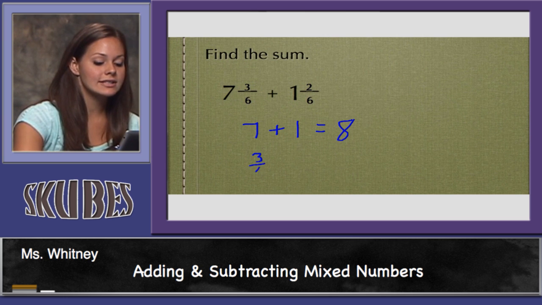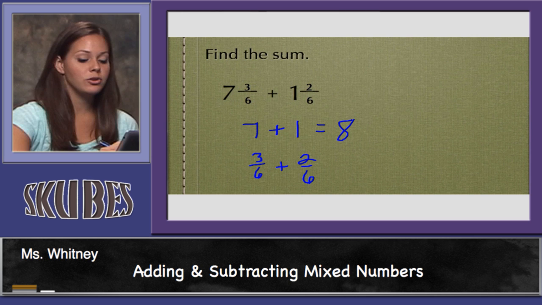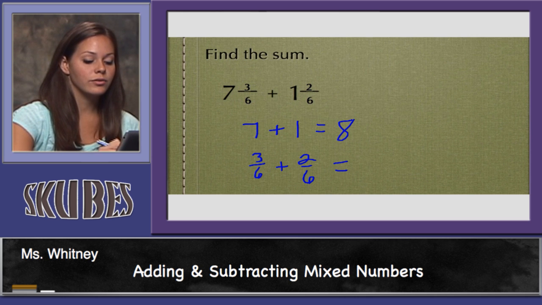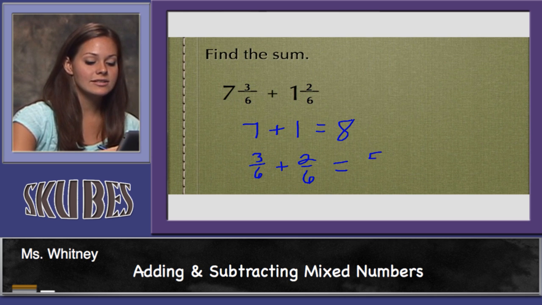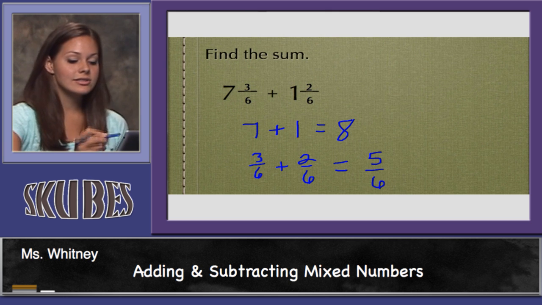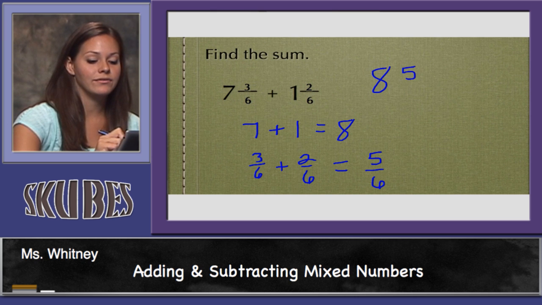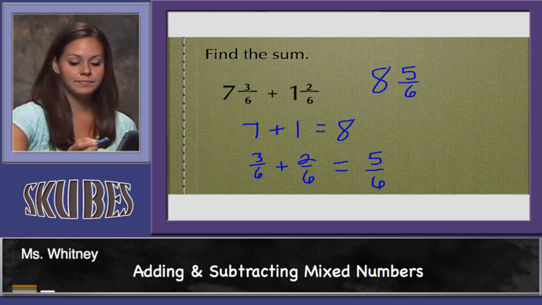I have 3/6 plus 2/6. I'm only going to add my numerators. 3 plus 2 is 5, and my denominator stays the same, 5/6. The answer is 8 wholes and 5/6.